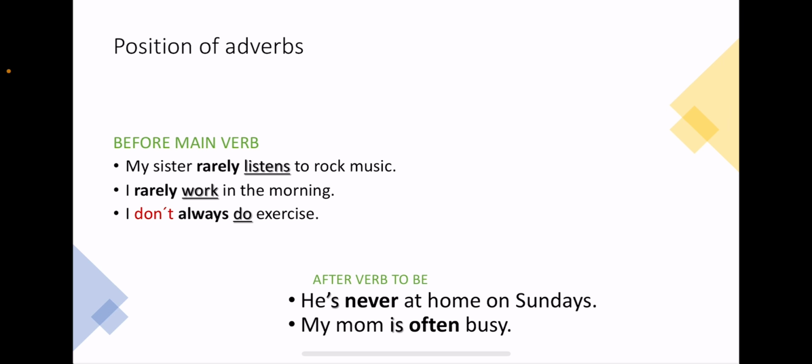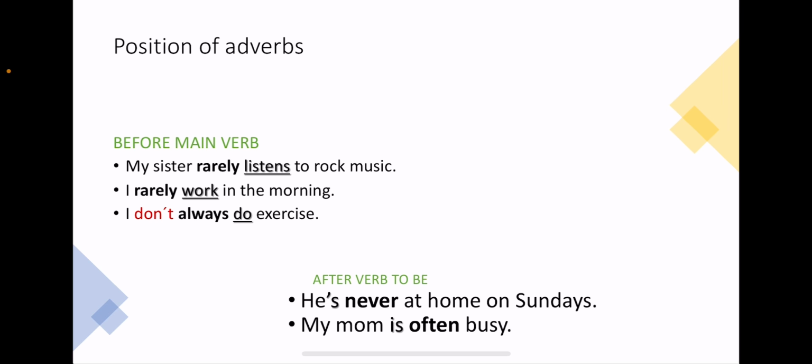So he is, and then we put the adverb: never. He is never at home on Sundays. Remember that we put the adverb after verb to be. My mom is, verb to be, is, and then I put my adverb: often busy. So my mom is often busy.